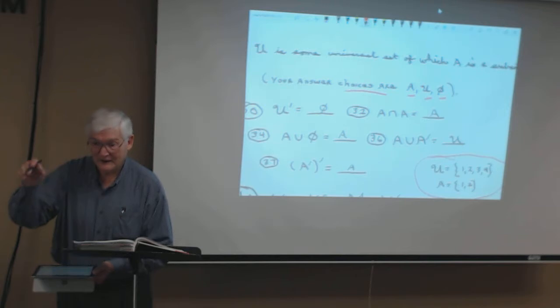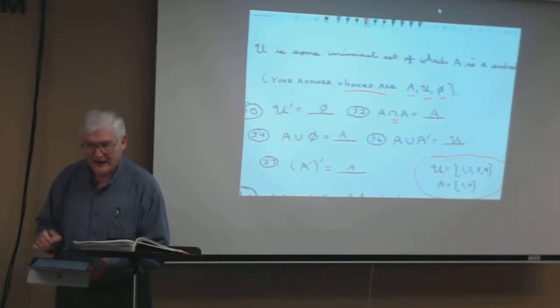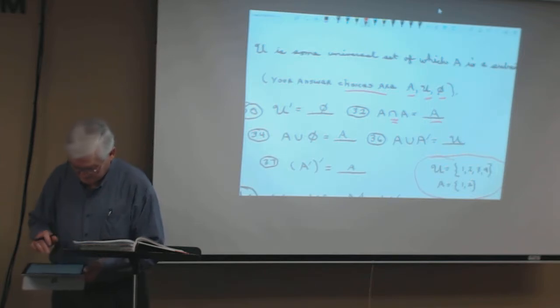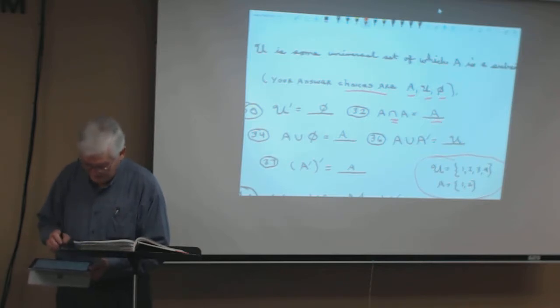It'd be the set with nothing in it, which is empty set. What about 32? What's the intersection of A with A? Isn't it going to be A? See, set A, 1 and 2, intersect set A, 1 and 2, it's going to be A.